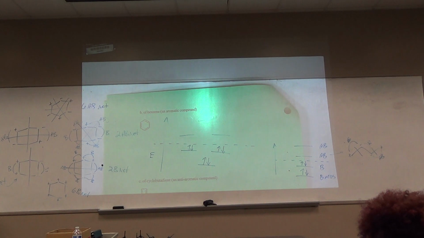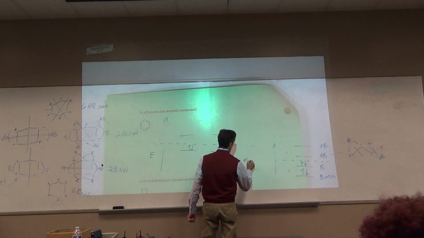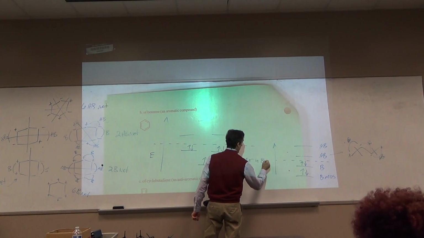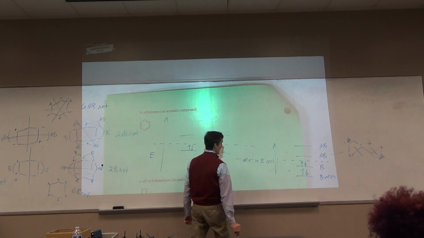There's benzene. What do you see? All good bonding. The bonding molecular orbitals each hold 2 electrons. All electrons in bonding MOs. That's a good thing.